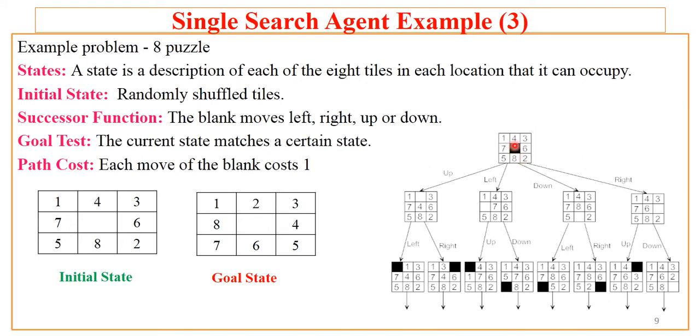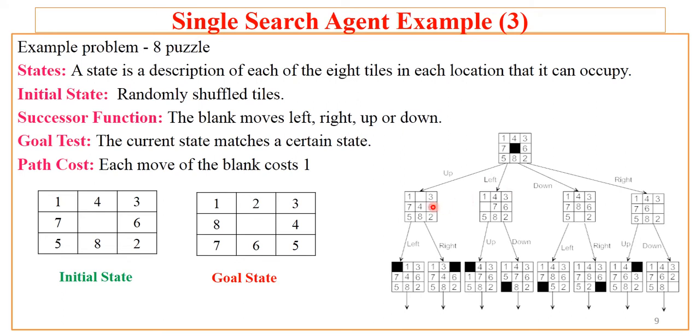So you try to move this space, which is represented as a black tile. You move this space either up, moving 4 down, or to the left, moving 7 right, or the space down, moving 8 up, or space right, moving 6 left. This way you can have any of these configurations.